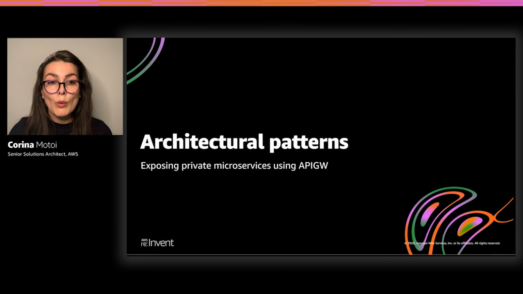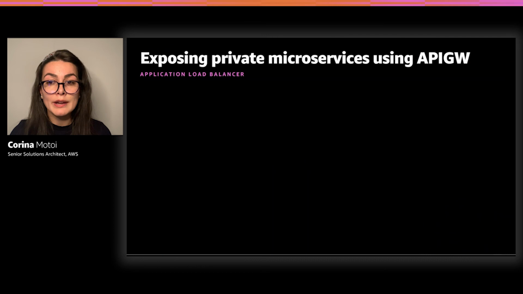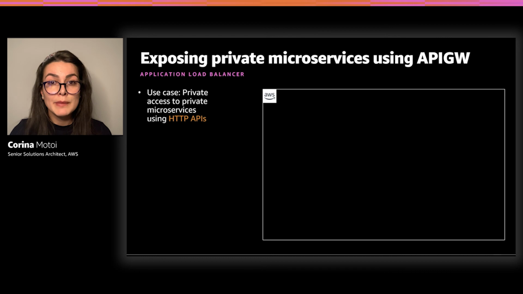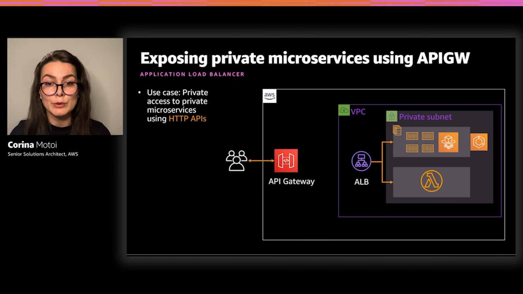So, when you need to expose your private microservices using API Gateway, you want to do that with an application load balancer when you want to have authenticated access to private microservices using HTTP APIs. For that, you take advantage of what is called API Gateway Private Integration, meaning that you can create an endpoint to your VPC by setting up a VPC link between your API Gateway and the application load balancer.